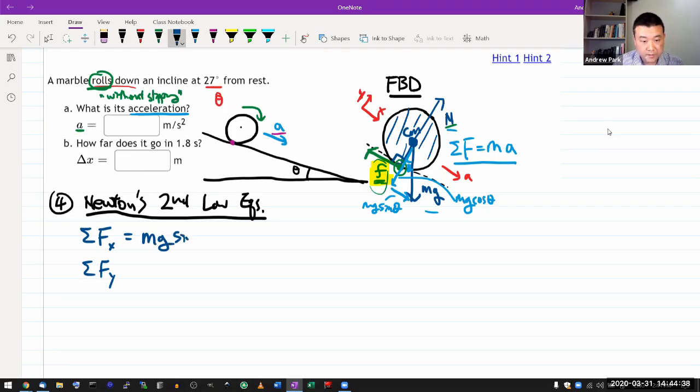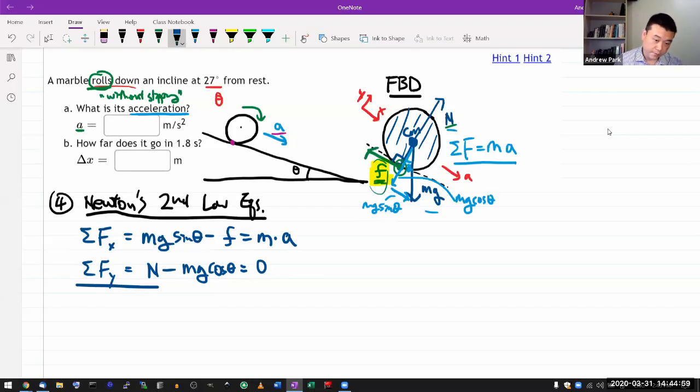Mg sine theta minus the friction force is equal to mass of the marble times its acceleration. And the normal force minus mg cosine theta, the marble is not accelerating perpendicular to the surface, so that's equal to 0. And this is where we would have ended up previously, before chapter 10, before rigid body rotation.